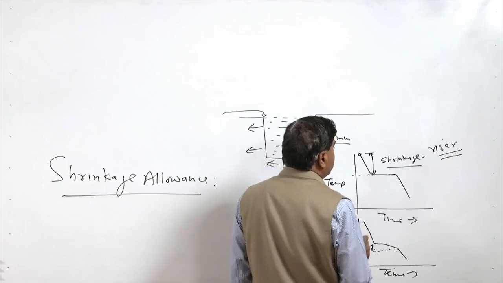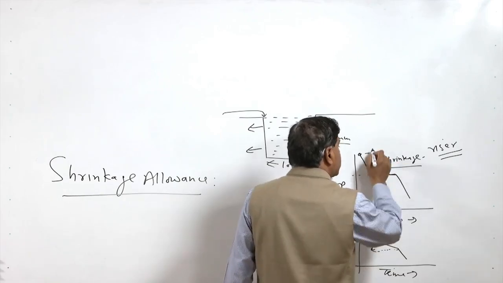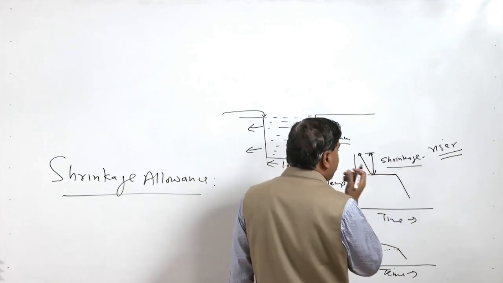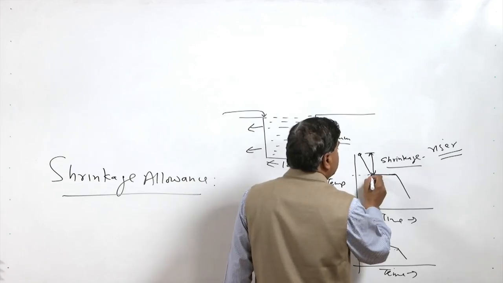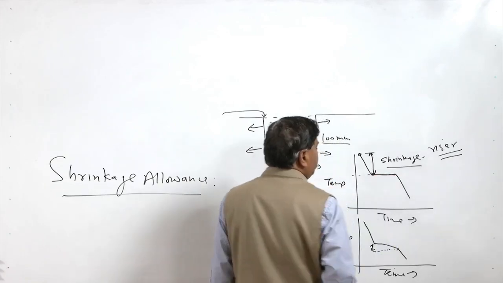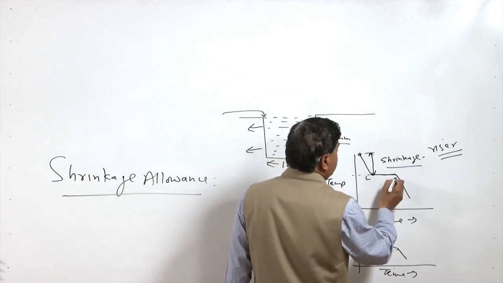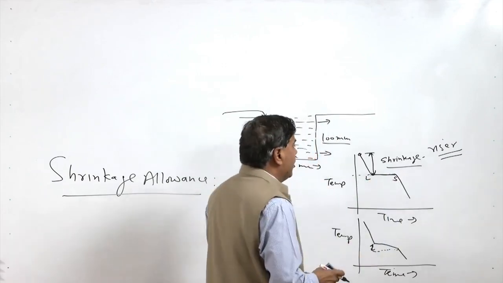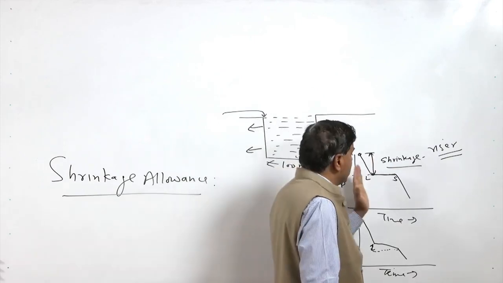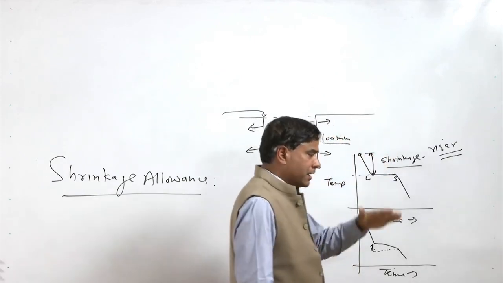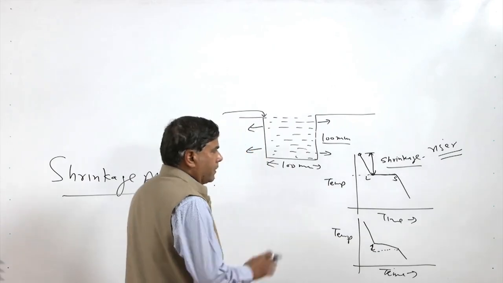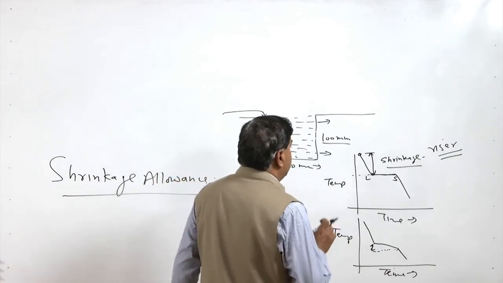There is another thing: this is the drop in temperature of the liquid metal, and then there is a change in state from liquid to solid. This also occurs with a significant reduction in the volume of the metal.